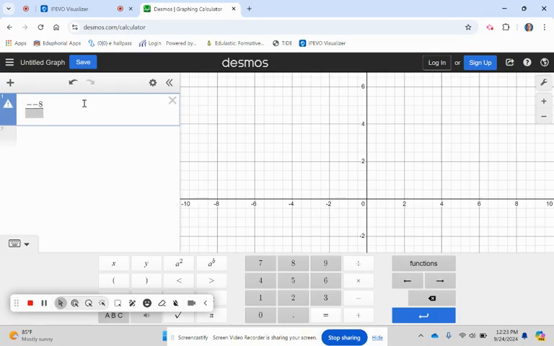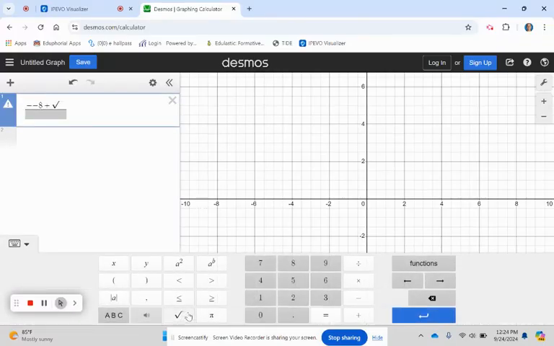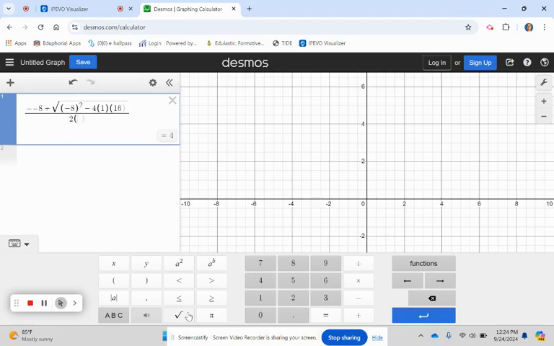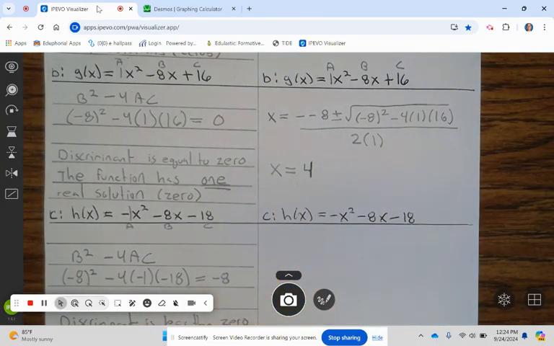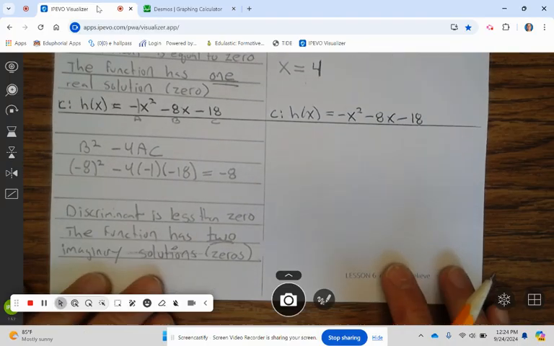So negative, negative 8 plus square root of parentheses negative 8 squared minus 4 times 1 times 16 divided by 2 times 1. So x equals 4. And if we change the plus to a minus, you still get 4, which is only one real solution. Okay? All right, let's take a look at C.